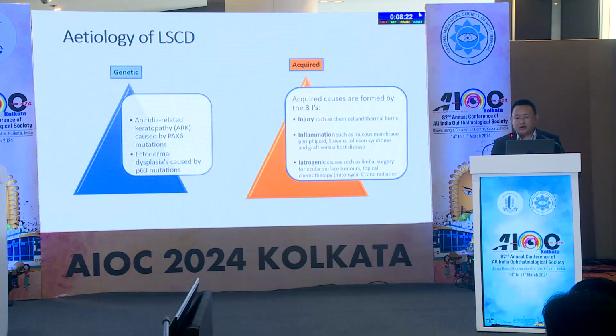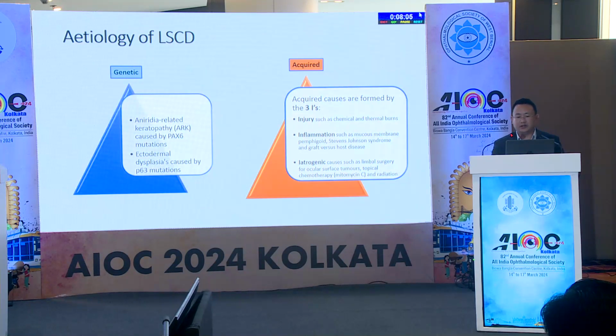The acquired causes can be remembered with 3 Is. Injury: it can be chemical and thermal burns. Inflammation: it can be mucous membrane pemphigoid, Stevens-Johnson syndrome, and graft versus host disease.